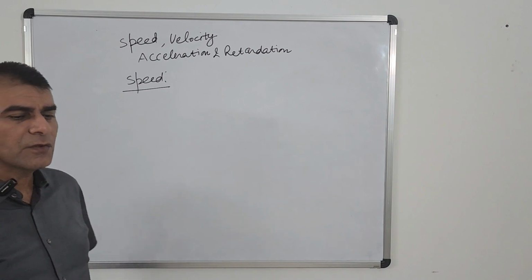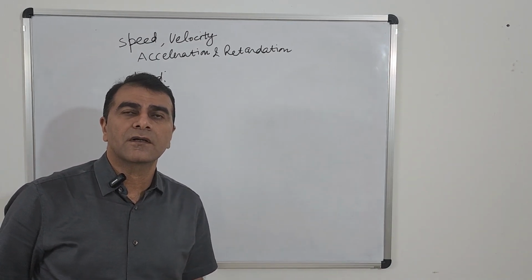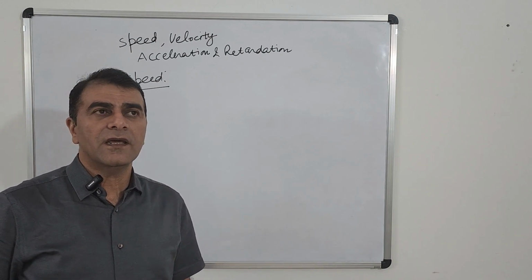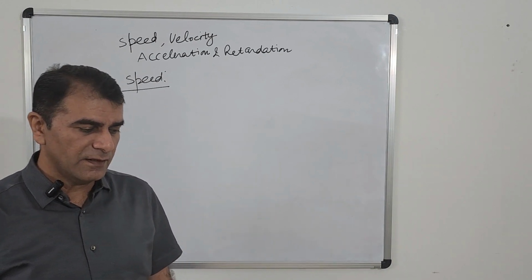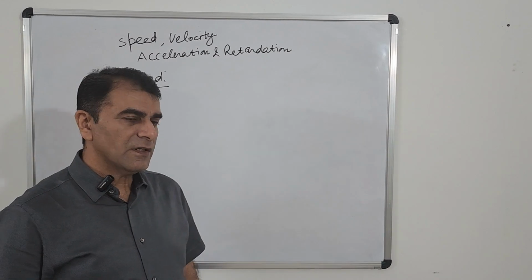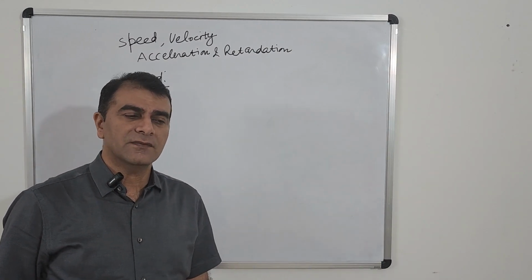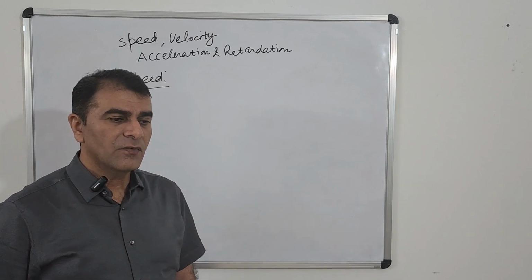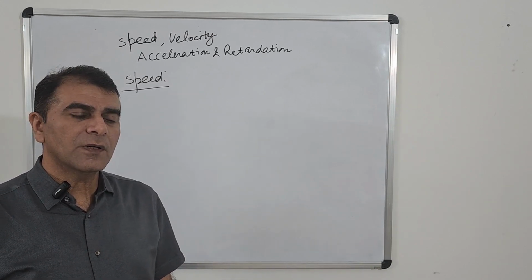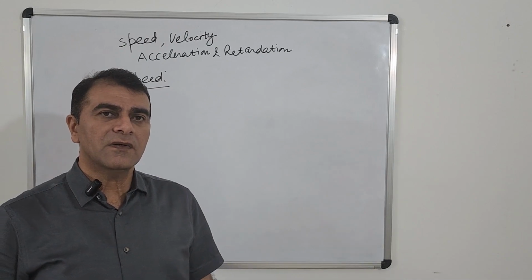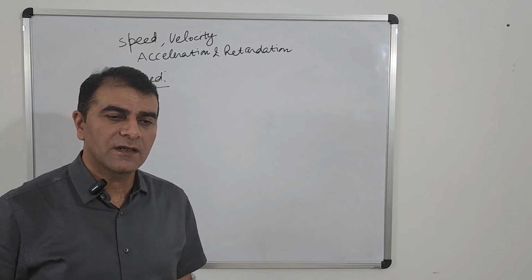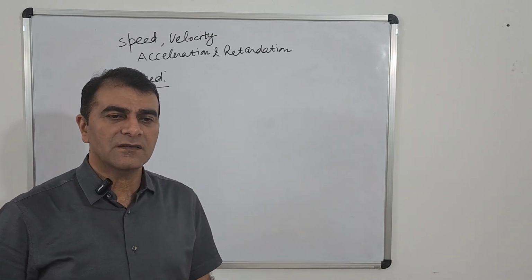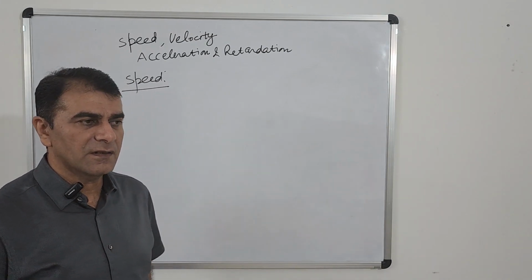Generally, whenever we go for a walk or by foot, then we take our speed as, say, 1 kilometer per hour or 2 kilometer per hour. When we go on a bike or a car, we take our speed somewhat faster, like 20, 40, 60, 80 kilometer per hour.